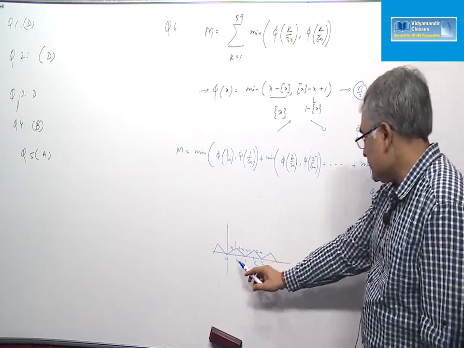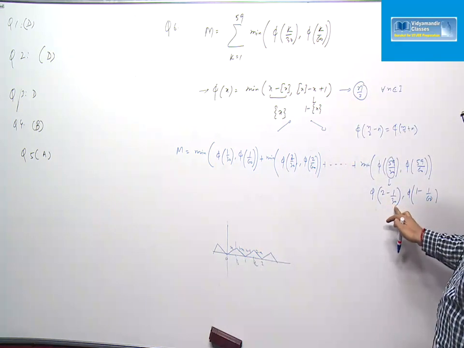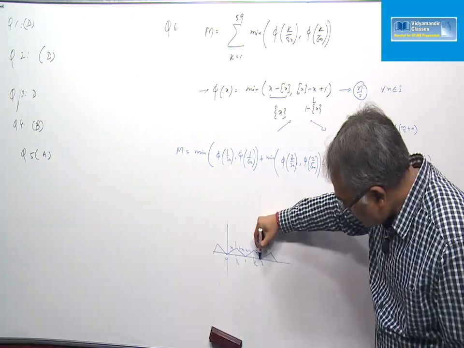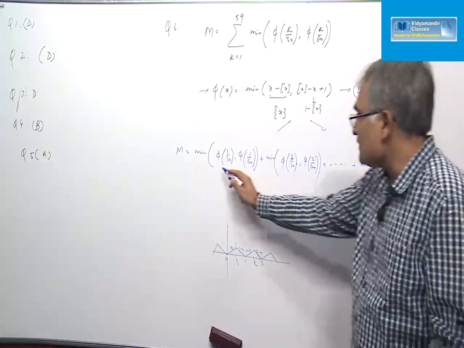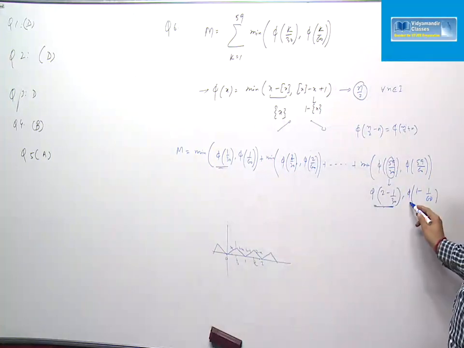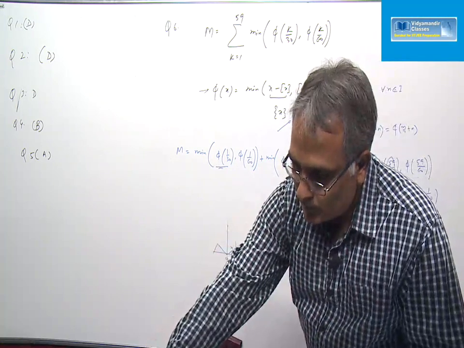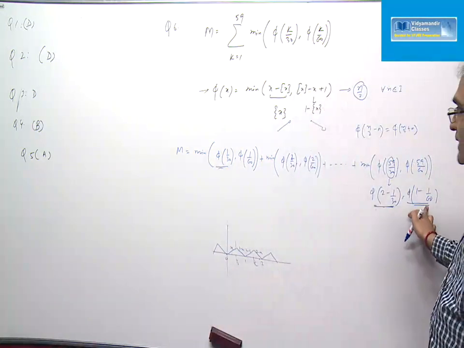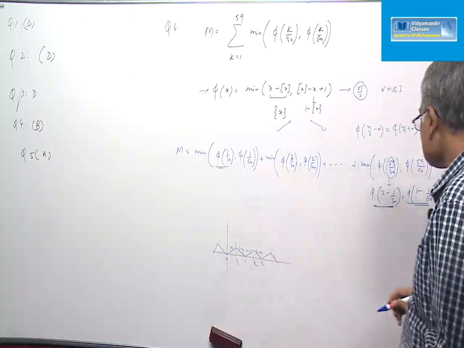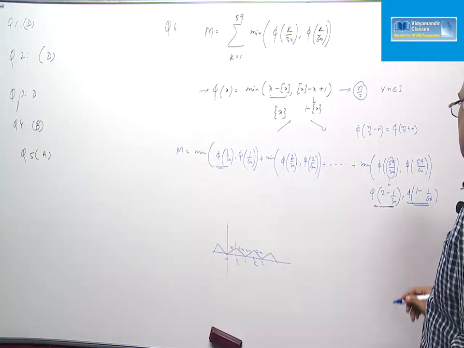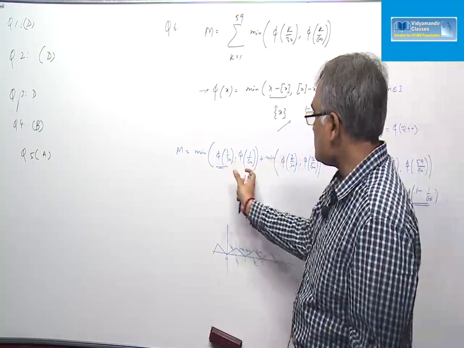As you see over here, it is symmetric about the origin, 1 by 2, 1, 2 and so on. Phi of 2 minus 1 by 30 is the same as phi of 1 by 30. In a similar manner, phi of 1 minus 1 by 60 will be the same as phi of 1 by 60. That is, this expression is the same as this expression. That means the minimum of these two values will be the same as the minimum of the other two values.